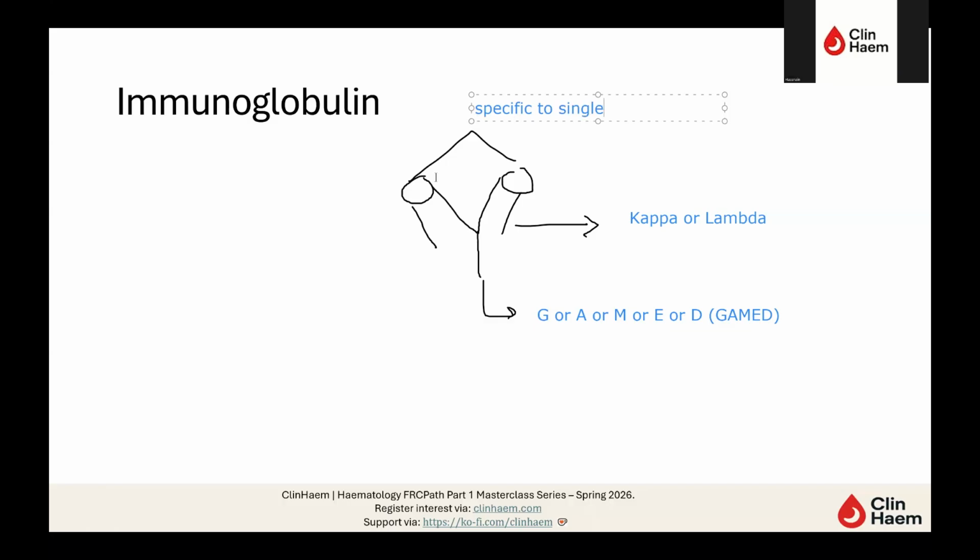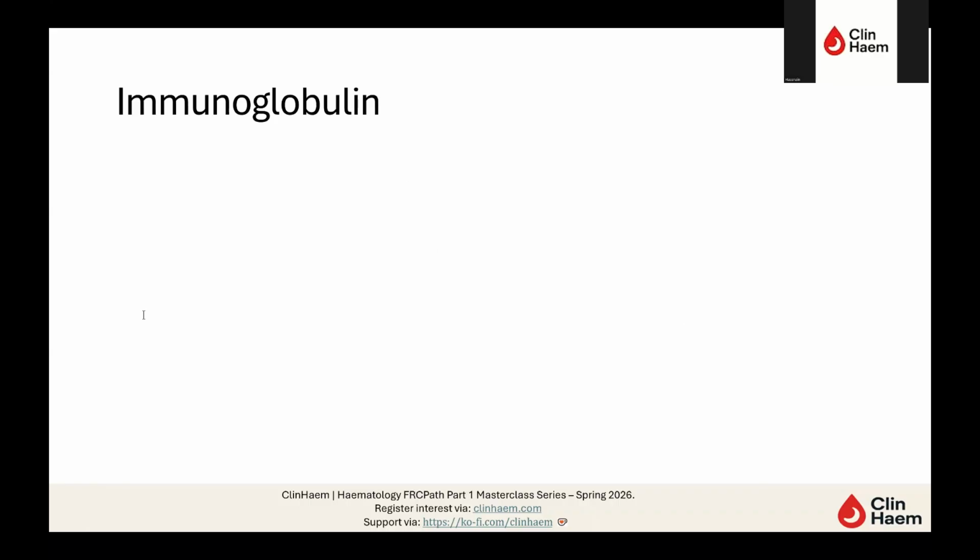These are the areas that bind to antigen. And each immunoglobulin would have a different binding site. And that's what gives the immunoglobulin its specificity, which is very important. As you know, each immunoglobulin only binds to a single antigen, like a lock and key model.